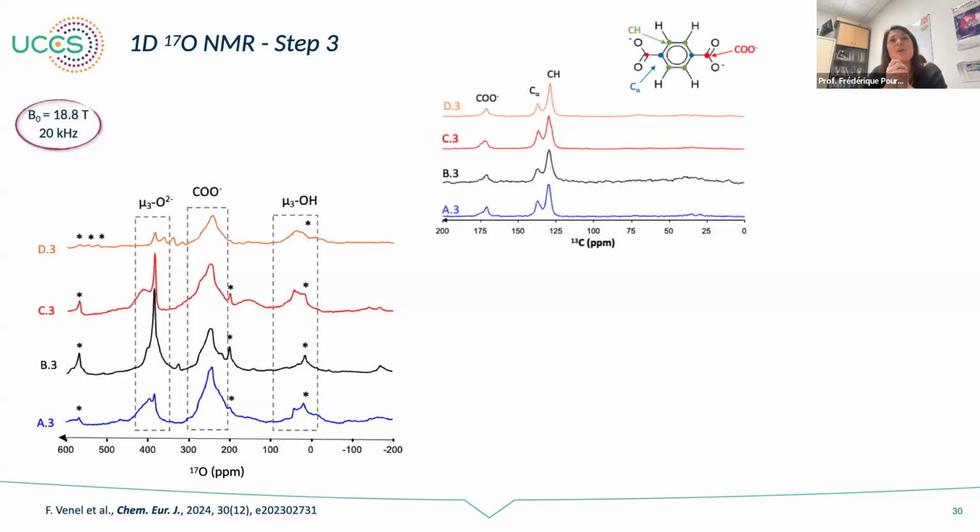If you look at the carbon-13 NMR, it's fun to observe that the amount of DMF is very low after the third step.